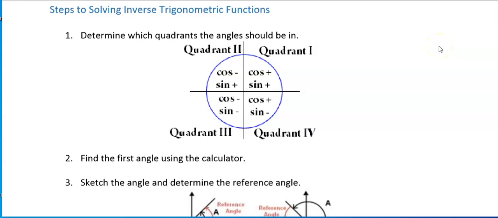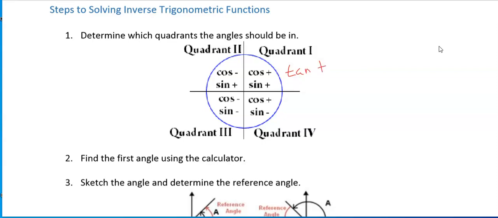You have your quadrants set up, your x-axis, your y-axis, and you will recall, I hope, that in some of the quadrants, certain trigonometric ratios are positive and certain trigonometric ratios are negative. So for example, in quadrant number 1, the sine is positive, the cosine is positive, and also the tangent is positive as well.